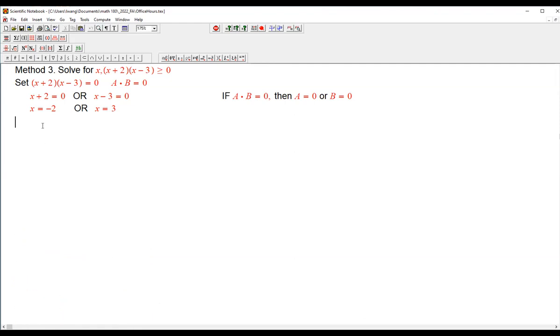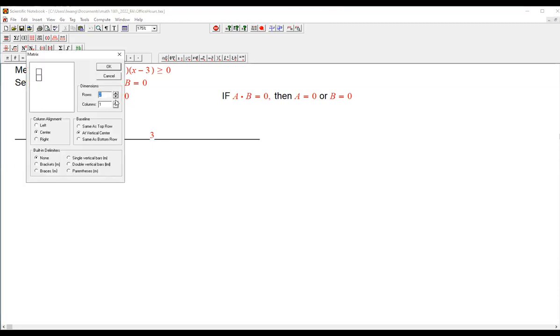So with that said and done, in this method we're making a table. We know that there's a number line, and there are two points where sign changes could take place. According to that, we make intervals.